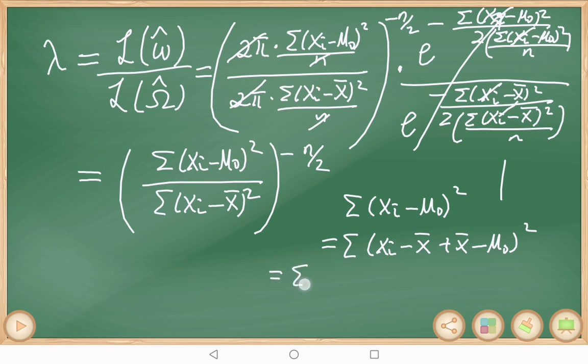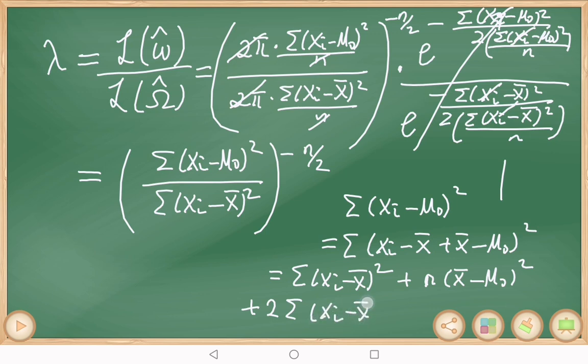This gives us the expansion: the quadratic terms, plus a cross product term, twice the sum of xi minus x bar times x bar minus mu naught.